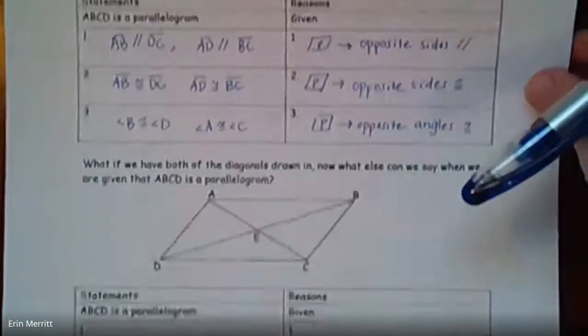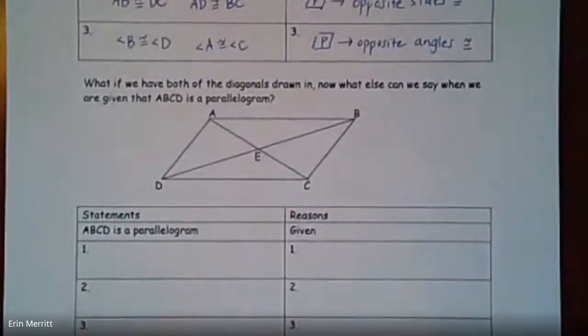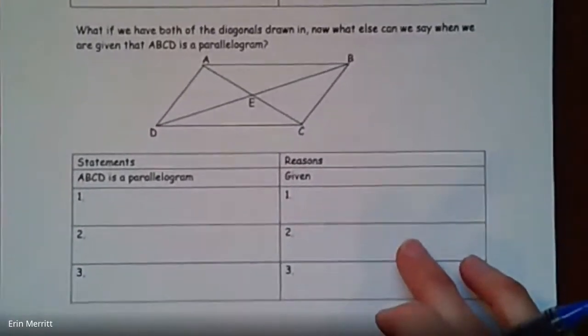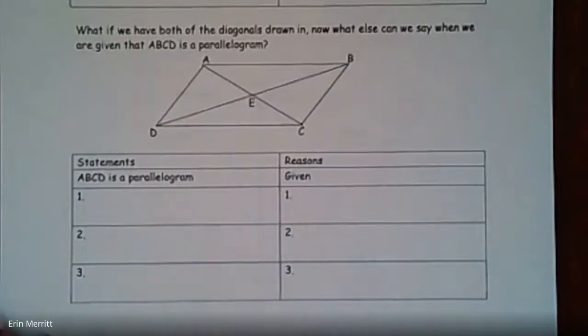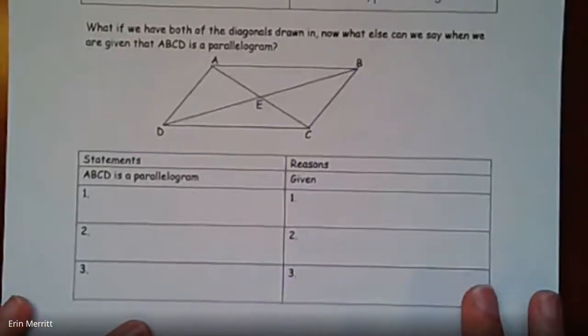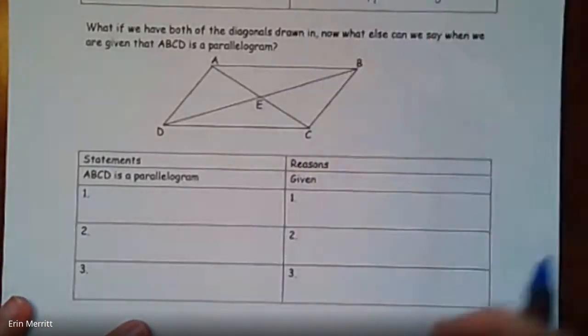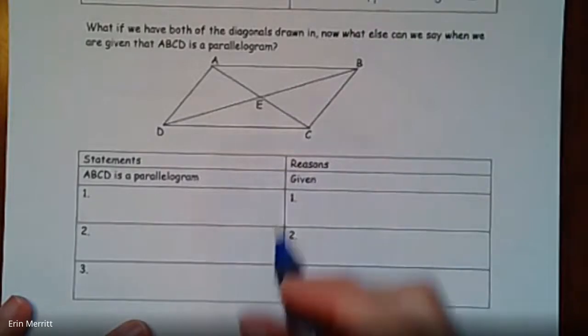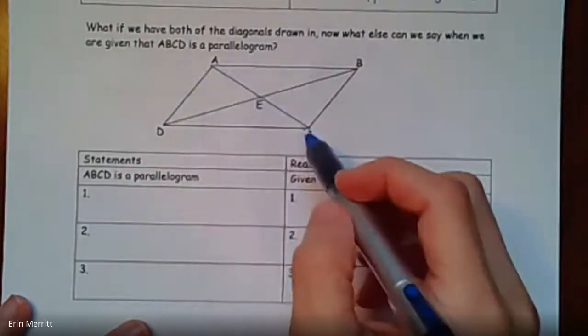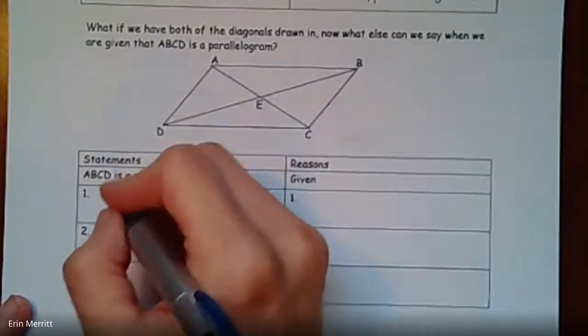All right, the last piece is that if you have the diagonals drawn in, we also get some extra things that we can say here. The property of diagonals that we know with parallelograms is that they bisect each other. So you have to say that first before you're allowed to say any of the things that come from the bisect. So what I mean by that, we first have to say that AC and DB bisect each other.